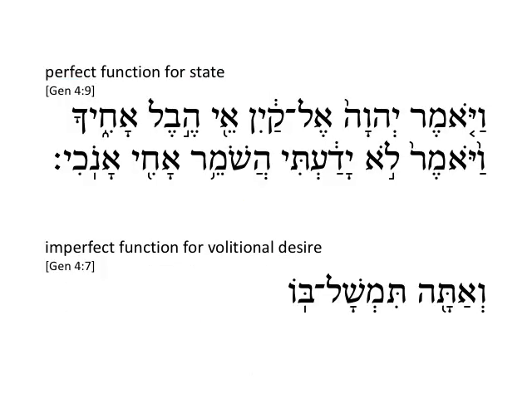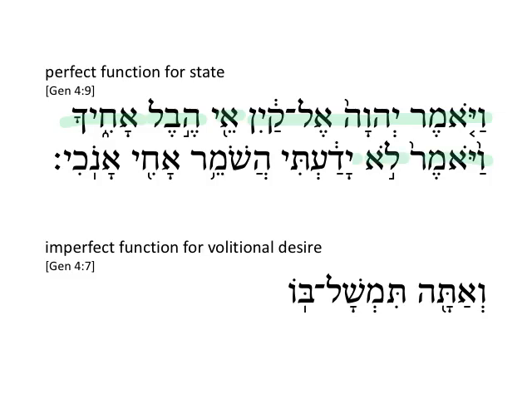Here are two examples, one of a perfect, one of an imperfect, which illustrate the larger issue of how these forms are not exactly tenses, but have a larger function which depends upon context. So, Genesis 4:9 says, Vayomer Hashem el Cain, e hevel achicha.